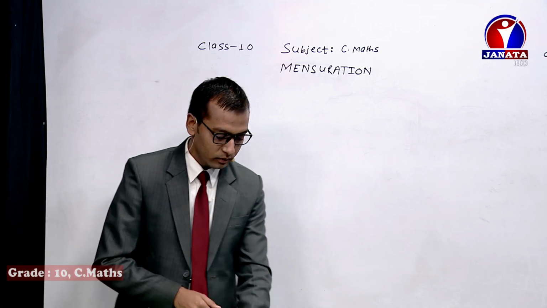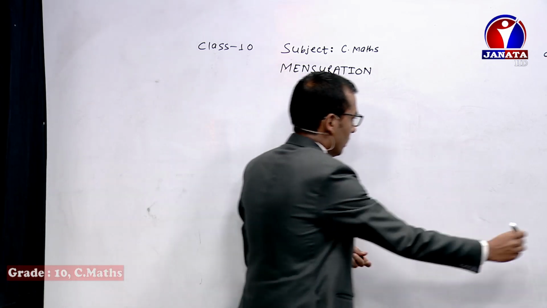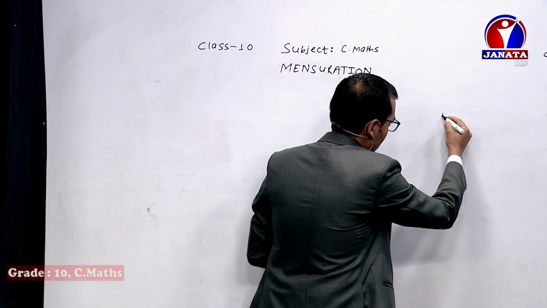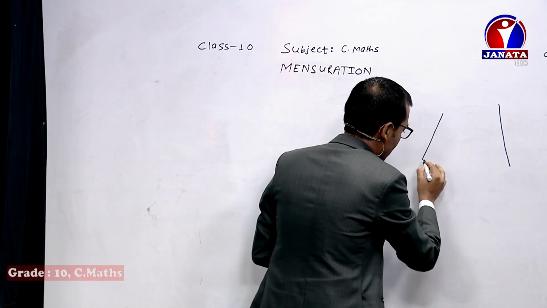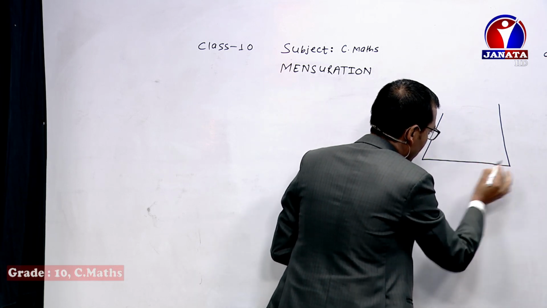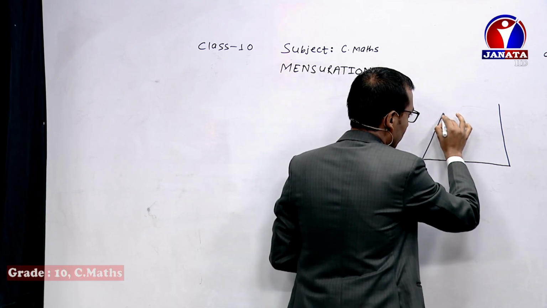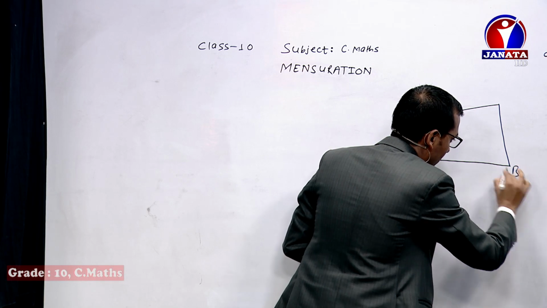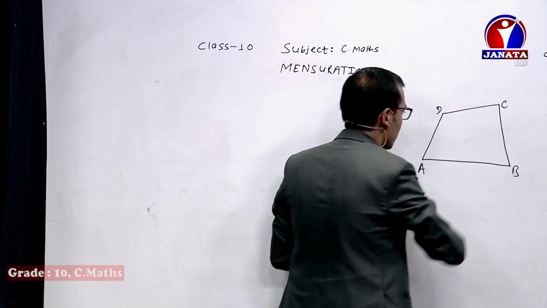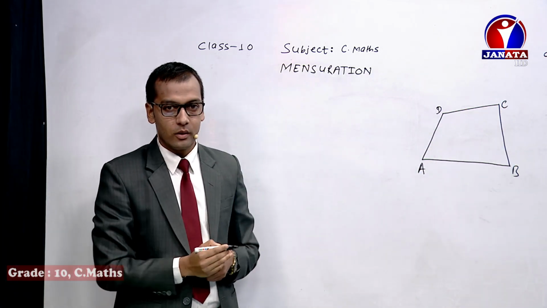Let's take the question. Let's draw a quadrilateral. Quadrilateral is a four-sided figure. So I am drawing this. Let me give the name. ABCD is a quadrilateral here.